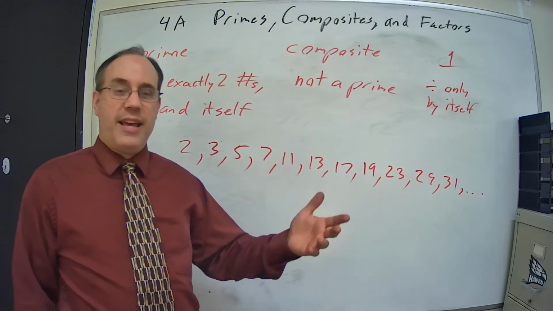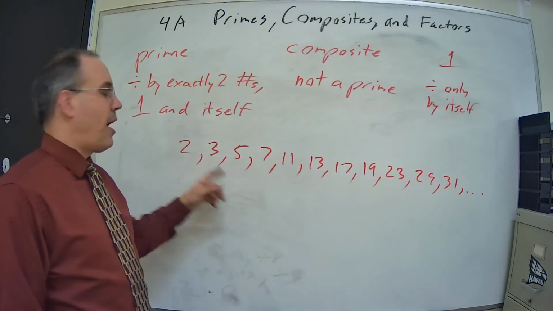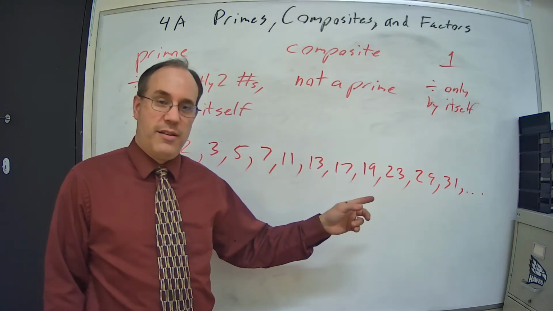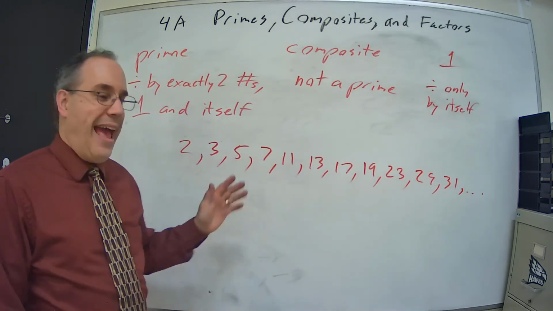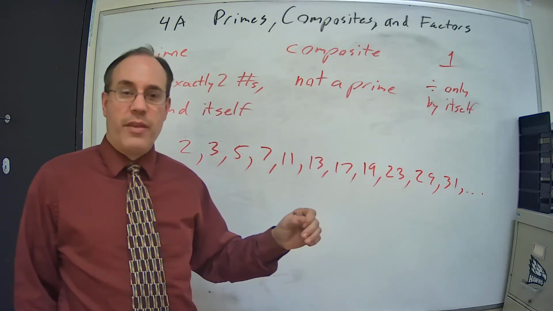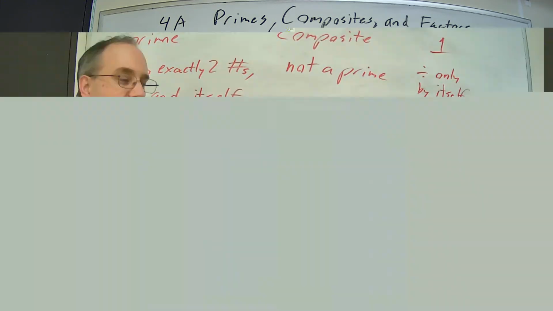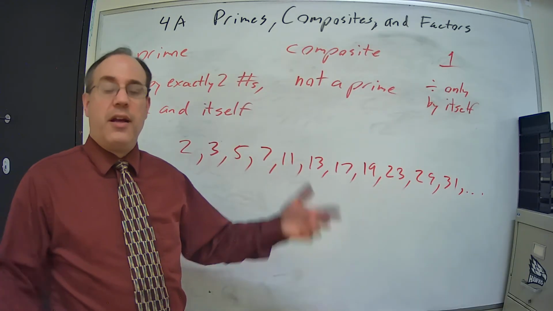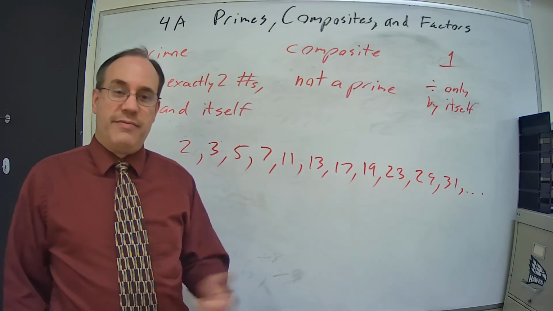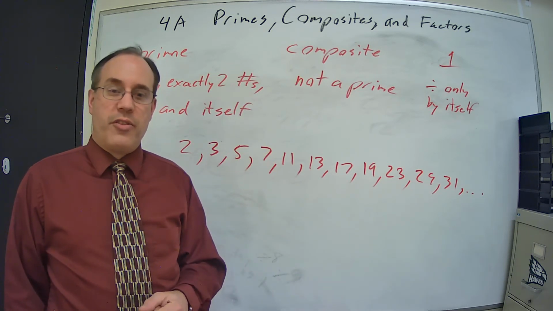And then they take it and start dividing the prime numbers into it. And if they can get halfway to that number without finding a factor of it, then they know that it is a new prime, another prime number.